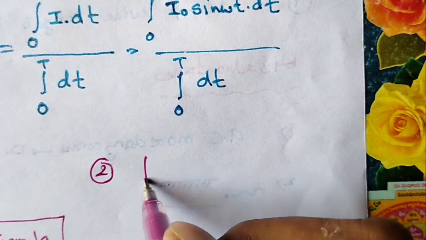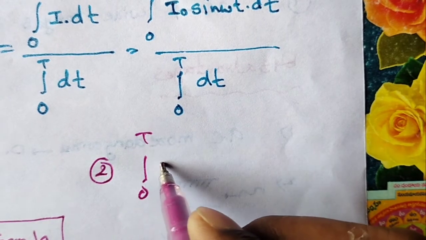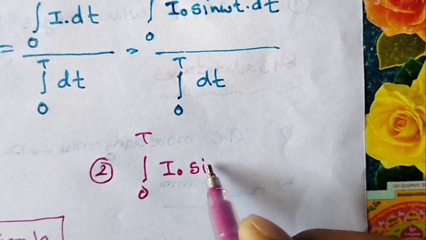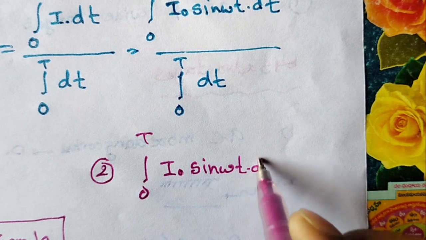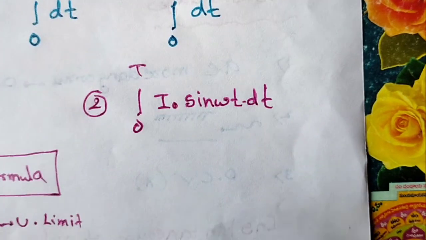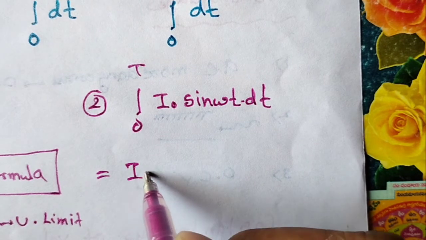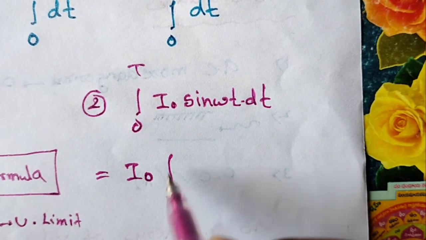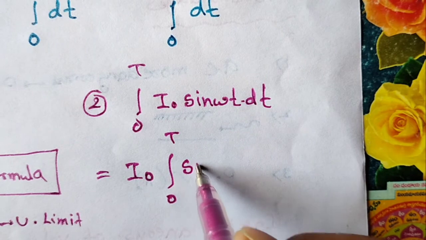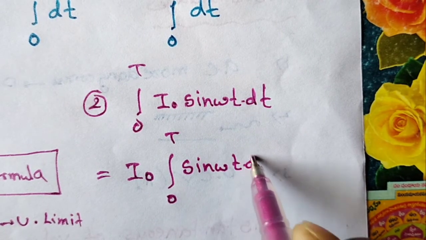So integral 0 to T of I naught sin omega t dt. Here I naught is a constant, so I am writing it outside: I naught integral 0 to T sin omega t dt.